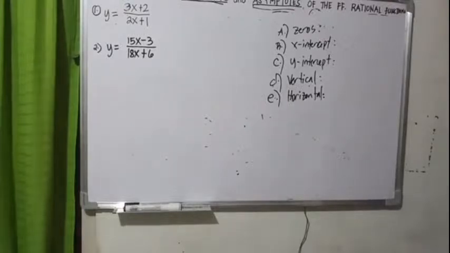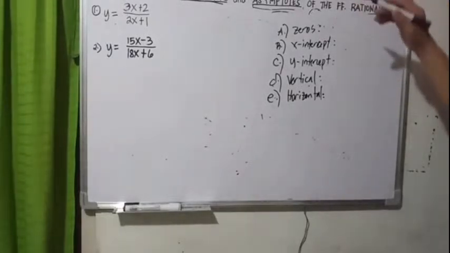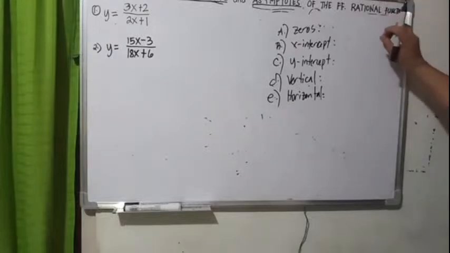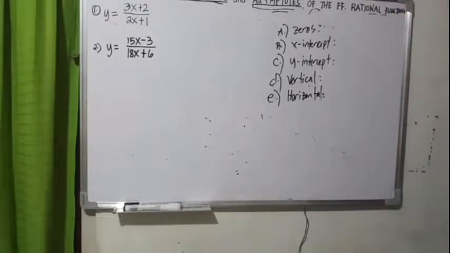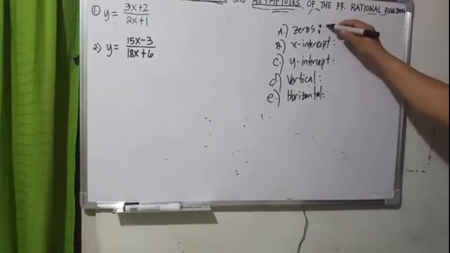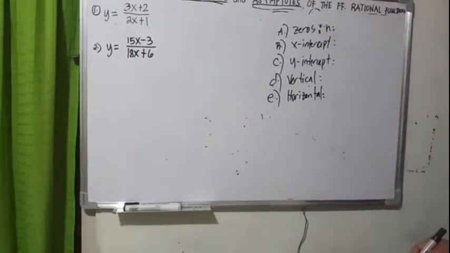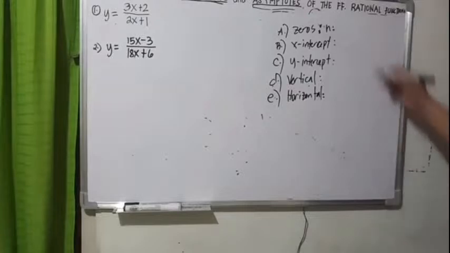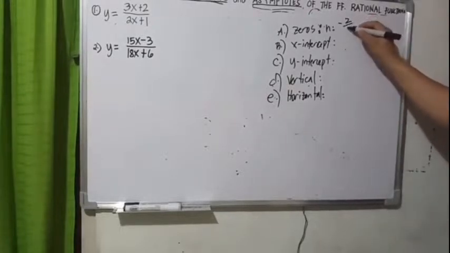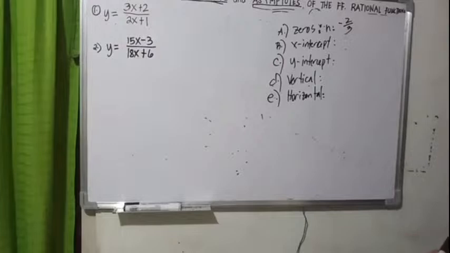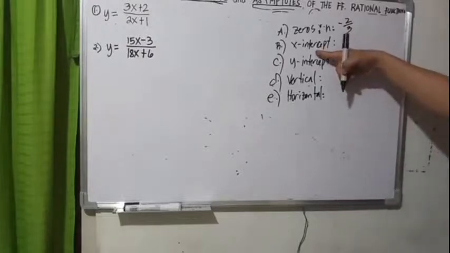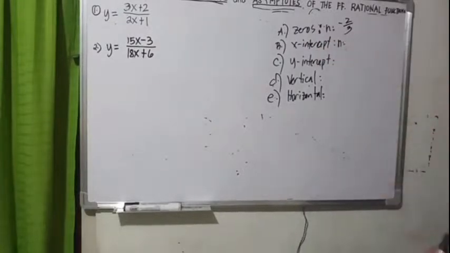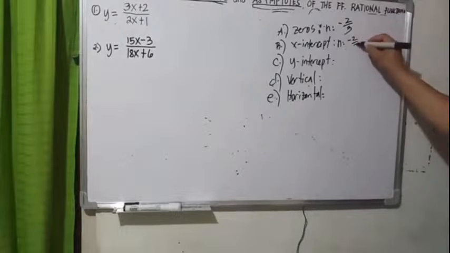Okay. Pag zeros, ang hinahanap natin, saan na tayo nakabase? Sa 0 sa numerator. Sa numerator, so that is 3x plus 2, that is equivalent to negative 2 over 3. Sa x-intercept, naka-base tayo sa numerator pa rin, so that is negative 2 over 3 pa rin.